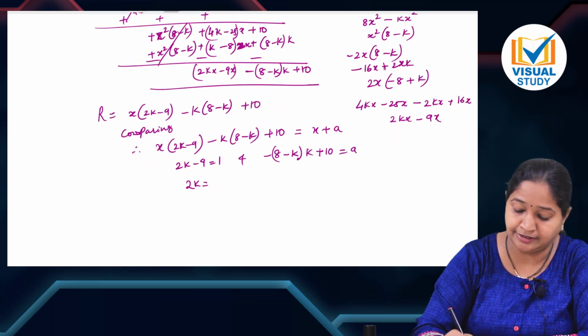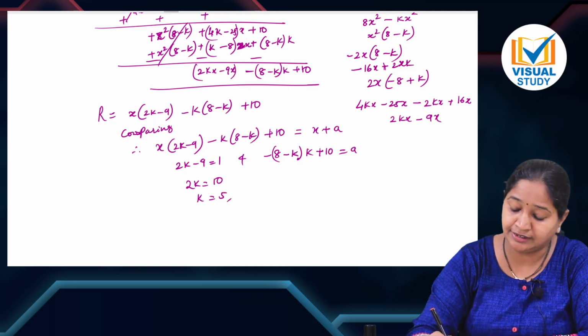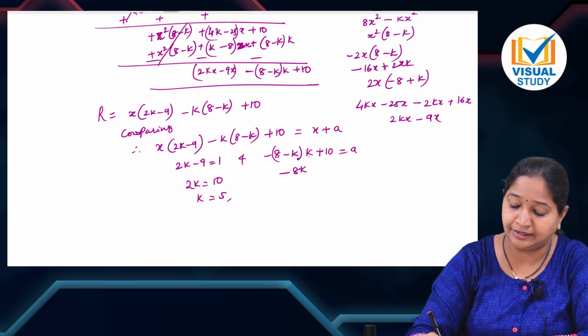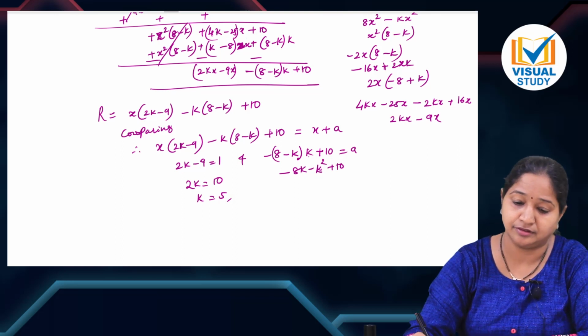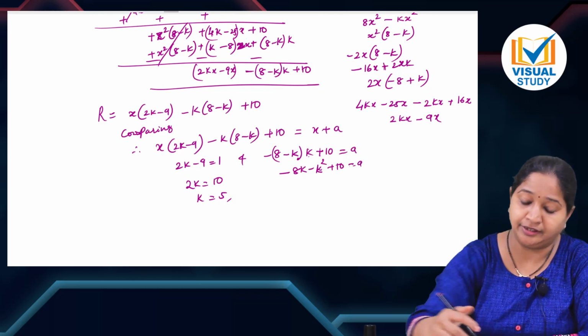Now 2k is equal to 10 and k is equal to 5. And minus k into 8 is minus 8k, this is minus k square plus 10 equal to a.